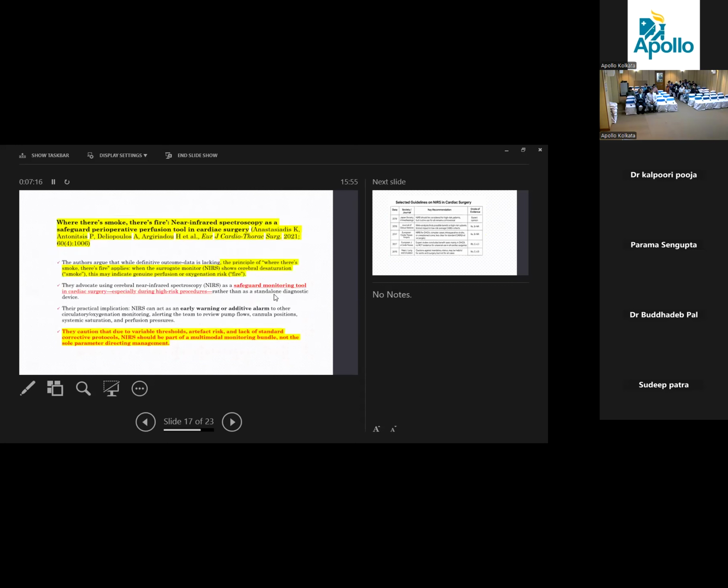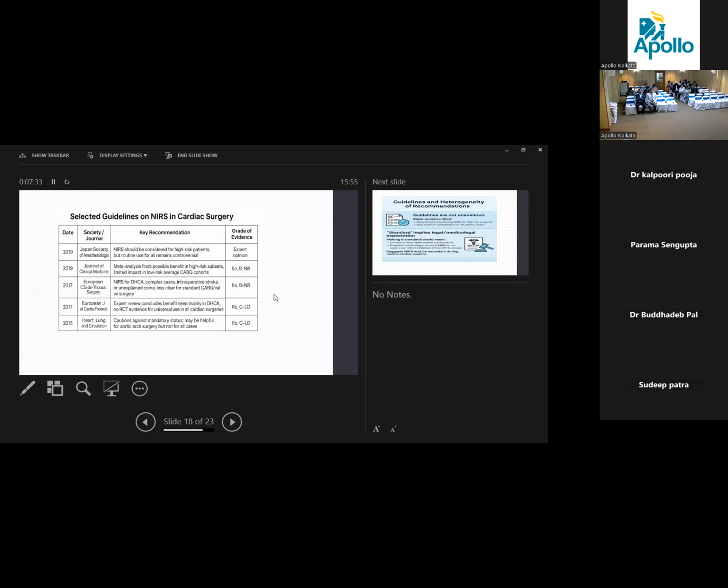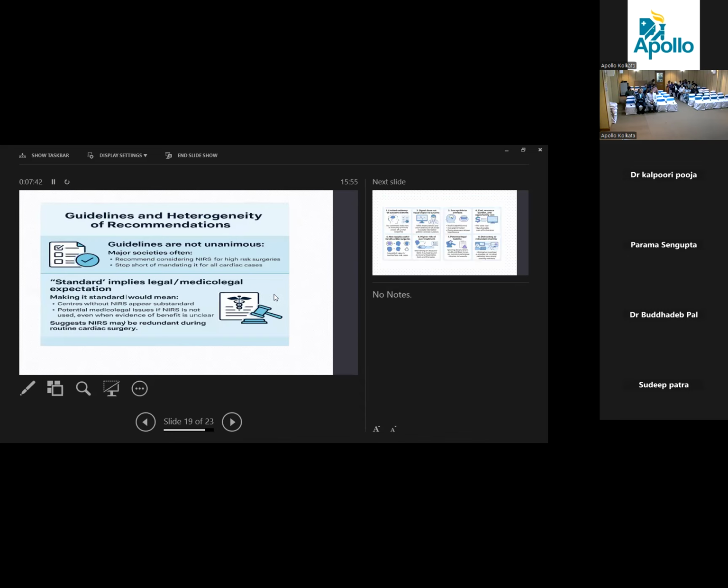There's another study where they recommend that NIRS should be used cautiously, and due to lack of standard corrective protocols, it should be a part of a multimodal monitoring bundle and not a solo parameter directing management. And here we can see all the guidelines which actually recommend that NIRS should be considered or should be used in high-risk surgeries.